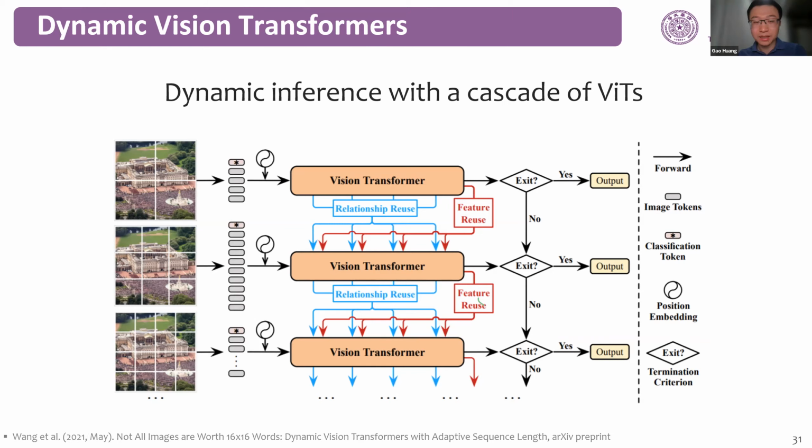That is, for example, we have a 7x7 split of the image, or a 16x16 split of the image. So the basic idea is quite similar to what I introduced earlier in the MSDNet. It's basically early exit from a bigger model.